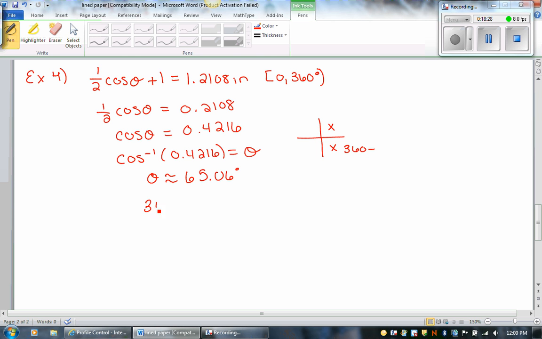Again, we're in degrees. So we do the subtraction, and we get 294.94 degrees. Okay, so my two solutions are 65.06 degrees and 294.94 degrees.